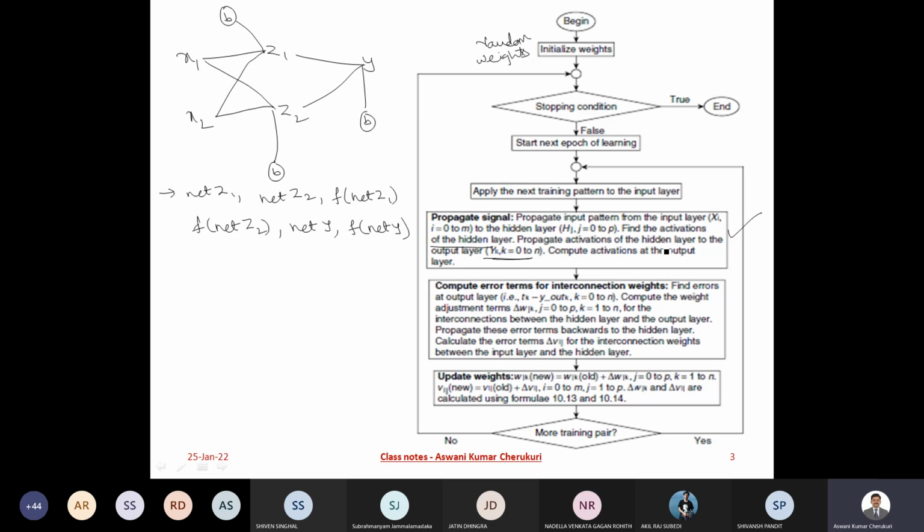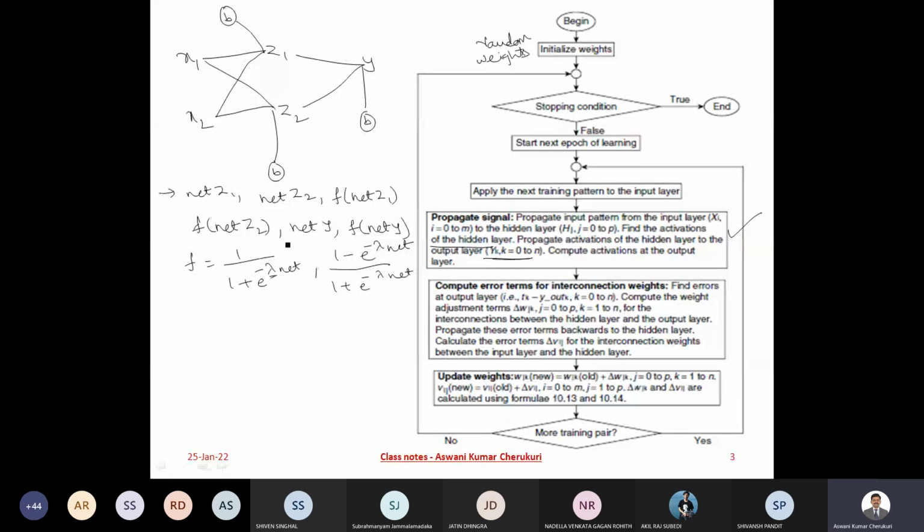Then typically this f, whatever we said, the activation function, you can take f equal to 1 by 1 plus e power minus lambda net, which is the unipolar sigmoidal activation function, or else you can take a bipolar sigmoidal activation function, which is 1 minus e power minus lambda net by 1 plus e power minus lambda net.